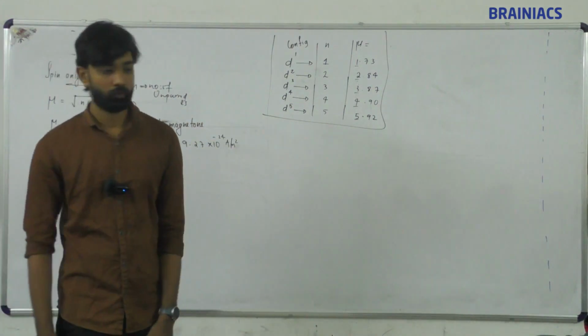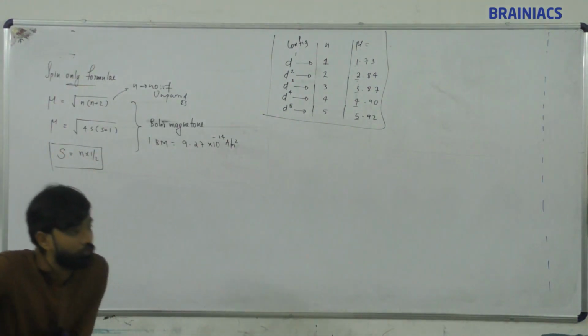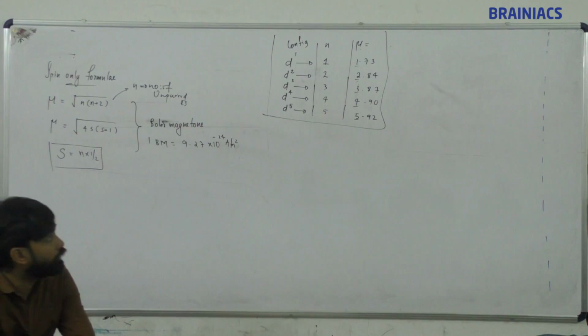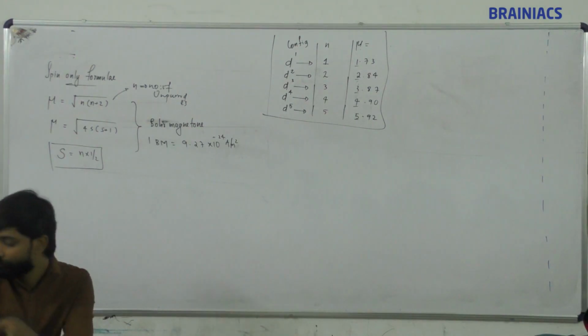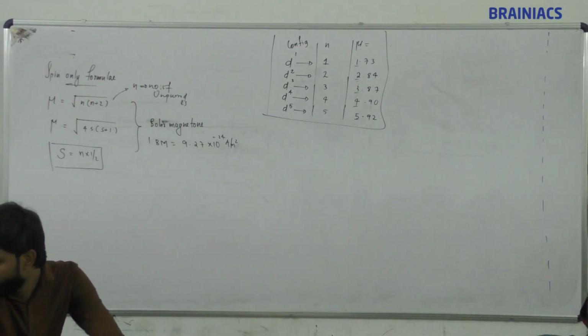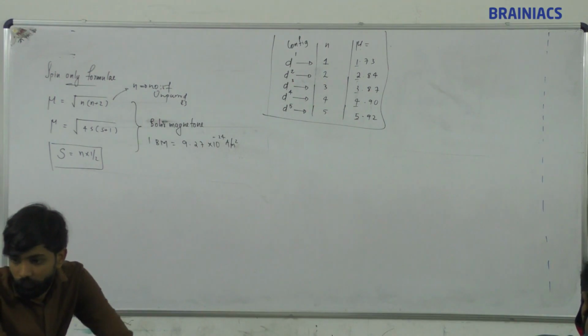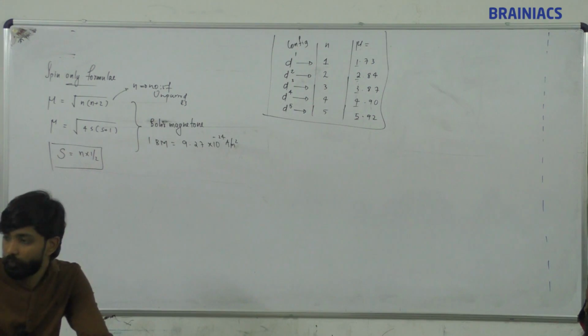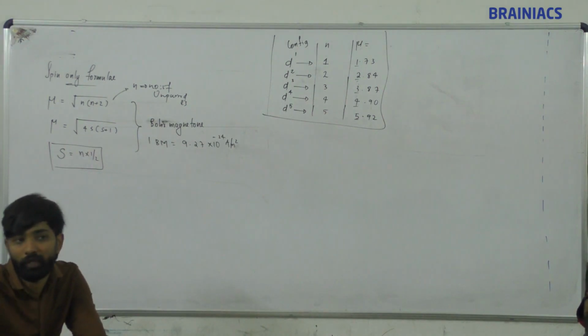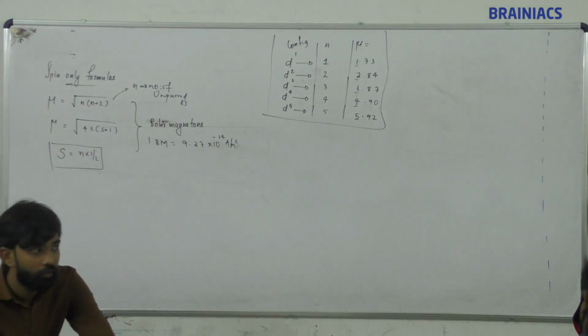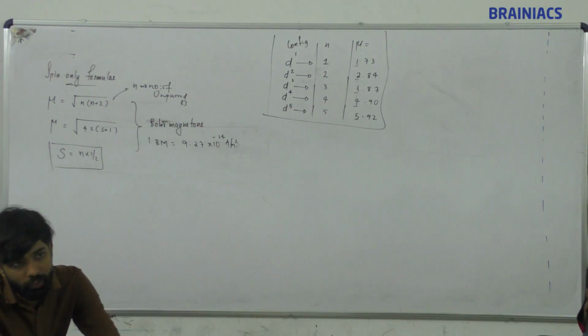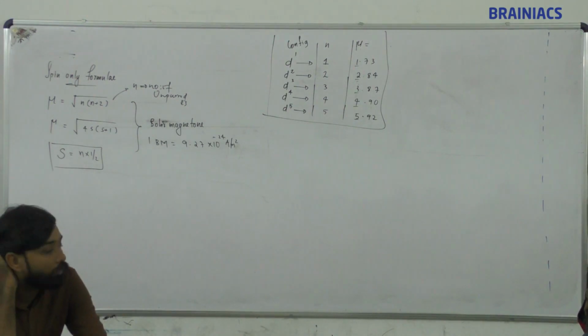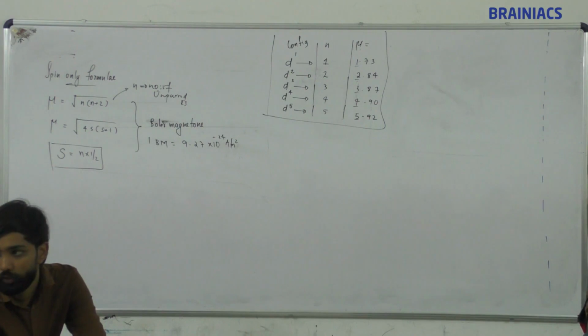Okay, write some question. Find the magnetic moment of M2 plus, where M is a general symbol. It's not manganese. In brackets, Z equals 27, atomic number is 27.